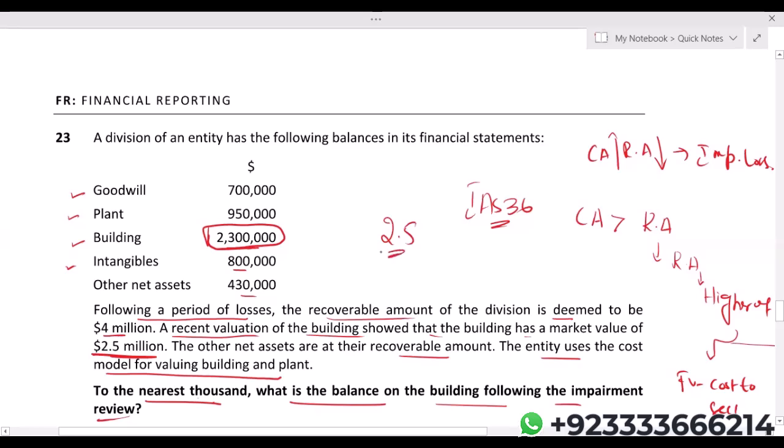Now listen carefully. The carrying amount is 2.3 million and the market value is 2.5 million. Number one is when you start assigning the impairment loss under a cash generating unit.